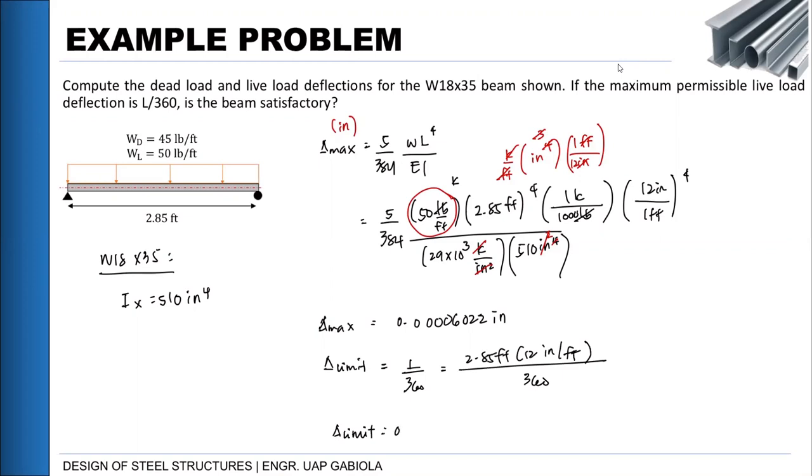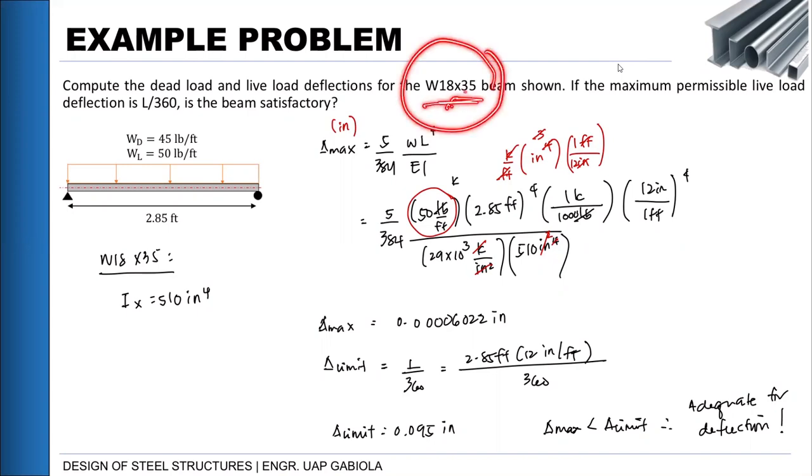We have 0.095 inch. Okay? So since yung ating maximum is less than dun sa limit natin, therefore, adequate for deflection yung section natin. So, maybe super laki nung section na nagamit, kaya nagkakaganon.